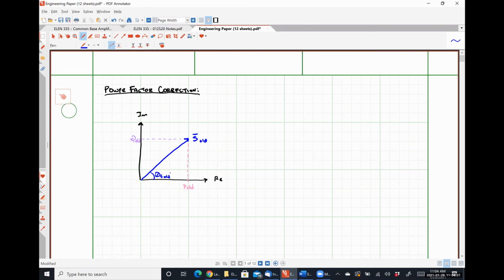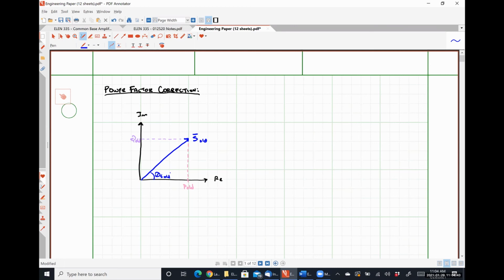So if we wanted to cause the power factor to increase, would we need to increase the angle or decrease the angle theta S? We need to decrease the angle theta S. There are two ways that we can go about doing that. I will just describe one way that's wildly dumb and explain why it's not done.